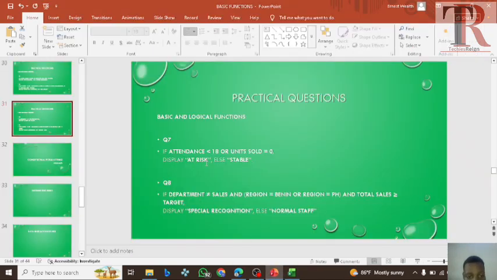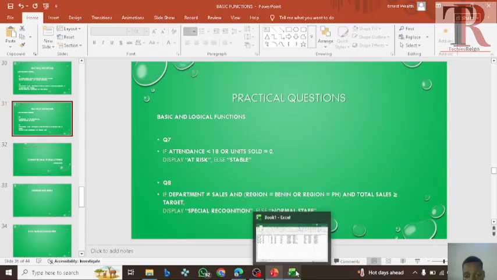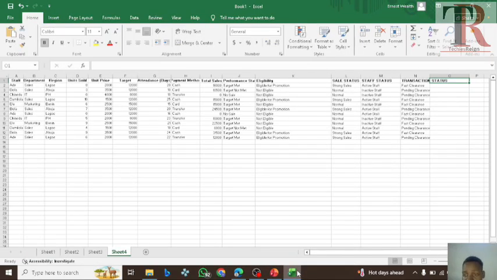So it's asking if our staff attendance is less than 18 or their units sold is equals to 0, display at risk. So we want to know the staff that are at risk of losing their jobs, or the ones that are stable as well. To do this, we'll come over here, call it staff value.